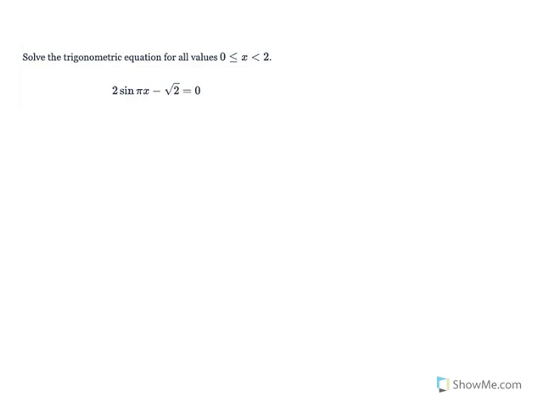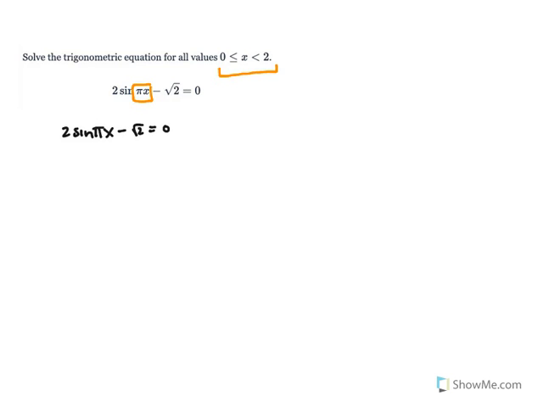Okay, so if we see here now, our expression is similar, but it's actually pi times x instead of a fraction. And we can see here now that our bounds no longer include pi. So what does this look like as we're solving? We can take 2 sine of pi x minus the square root of 2 equals 0.